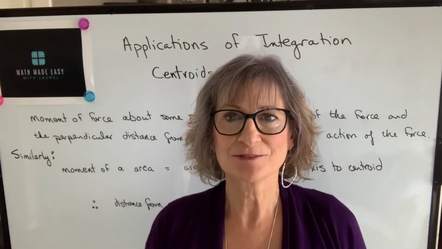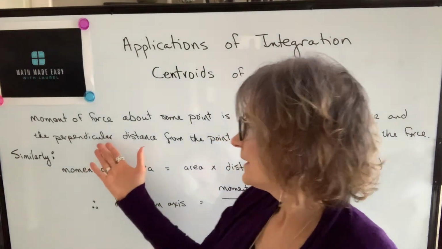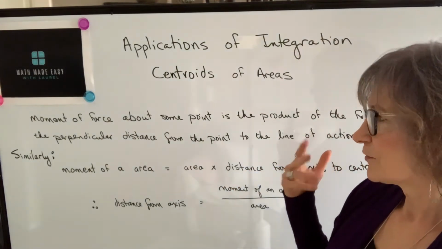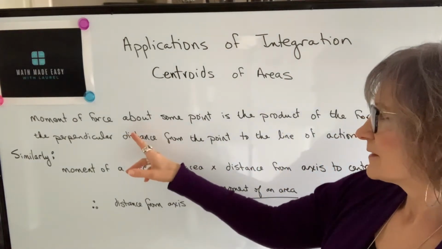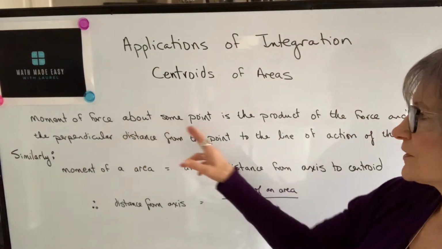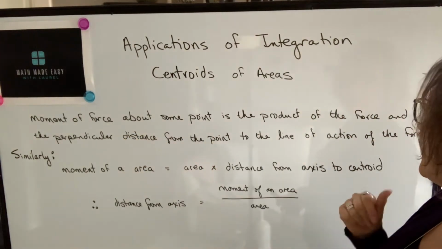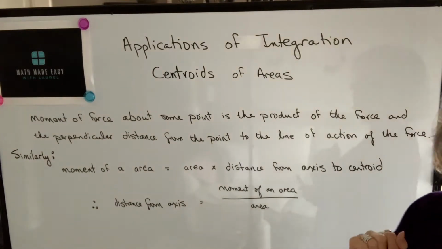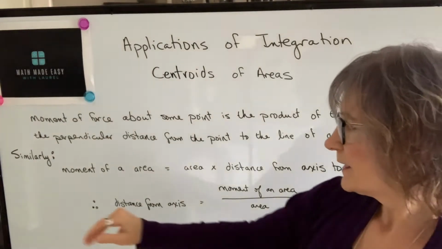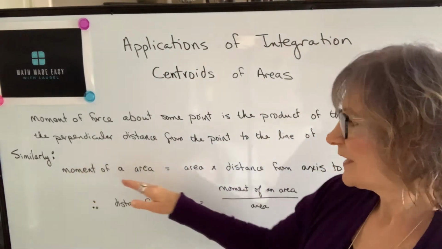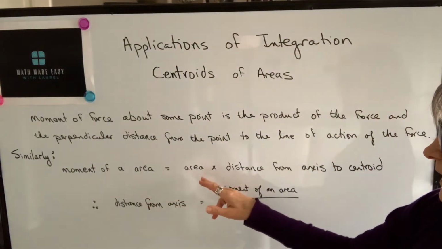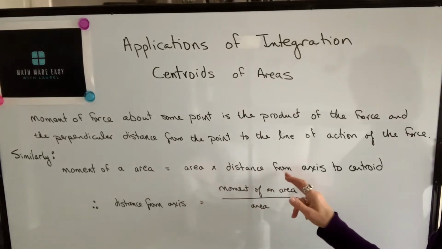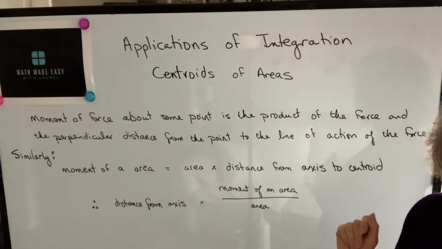So to start with, I need to talk about the concept of moment of force, also called first moment. Moment of force about some point is the product of the force and the perpendicular distance from the point to the line of action of the force. Similarly, moment of an area will be equal to the product of the area times that perpendicular distance from the axes to the centroid.